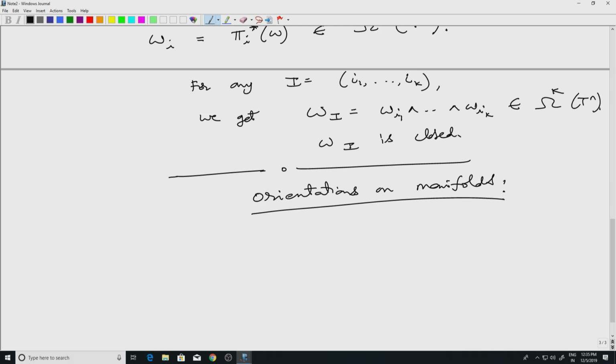The natural way of proceeding would have been to talk about integration on manifolds, which is where the real role of differential forms becomes evident. We use differential forms even for orientation, but the real necessity becomes clear when we talk about integration. However, I will not be doing that.